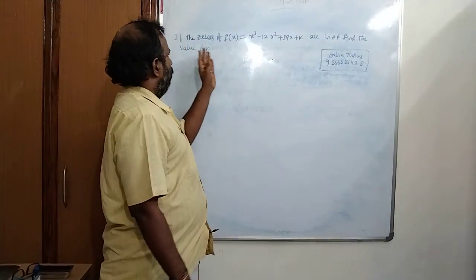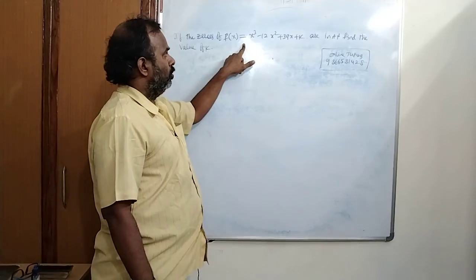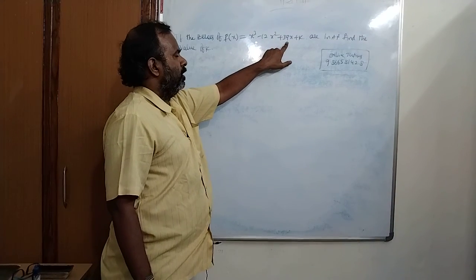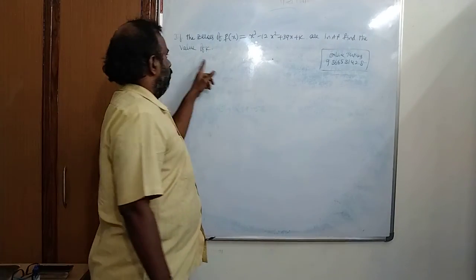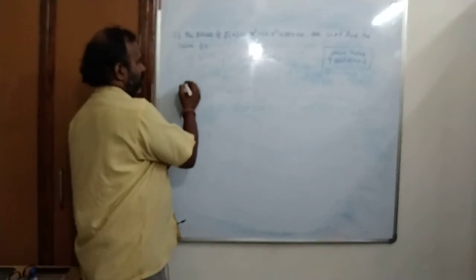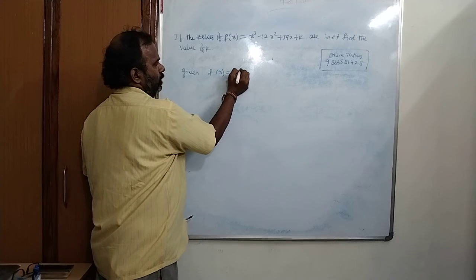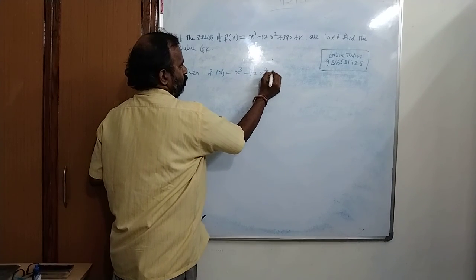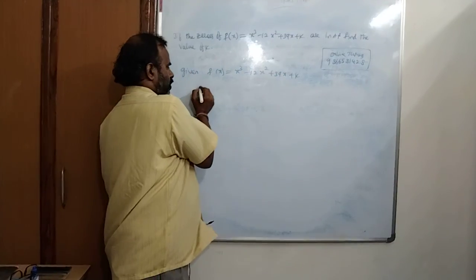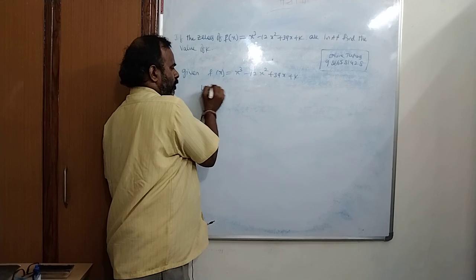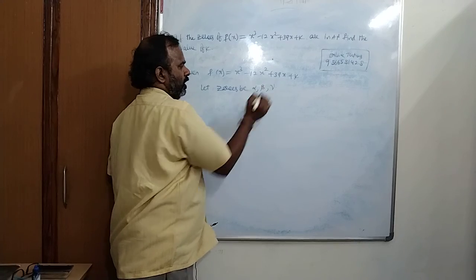Now, in this problem, if the zeros of f of x is equals to x cube minus 12x square plus 39x plus k are in AP, find the value of k. So first here, given f of x is equals to x cube minus 12x square plus 39x plus k. Next, let zeros be alpha, beta, gamma.